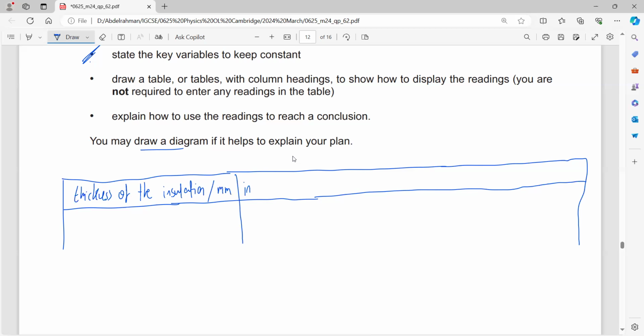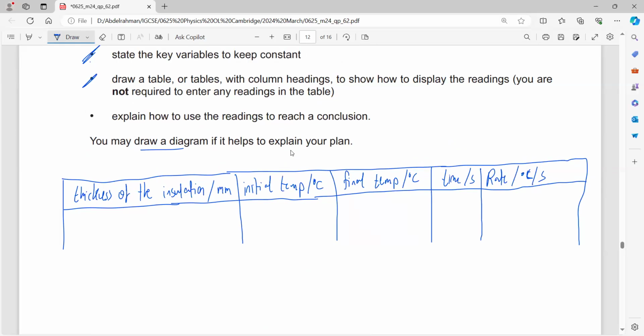The initial temperature in degrees Celsius. The final temperature also in degrees Celsius. The time taken in seconds. And you can write down the rate of cooling, which would be in degrees Celsius per second.